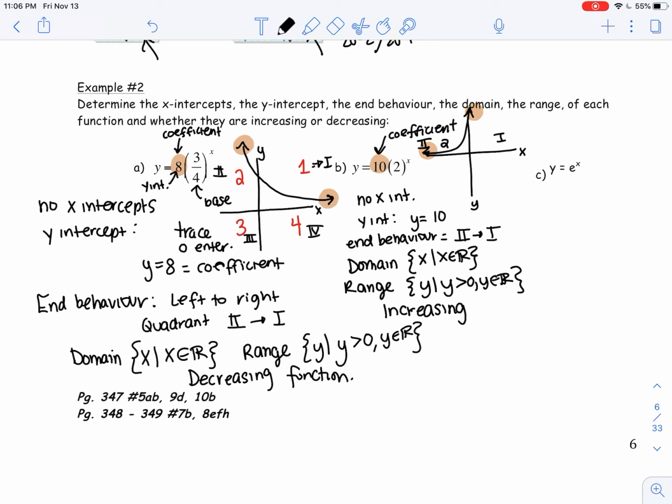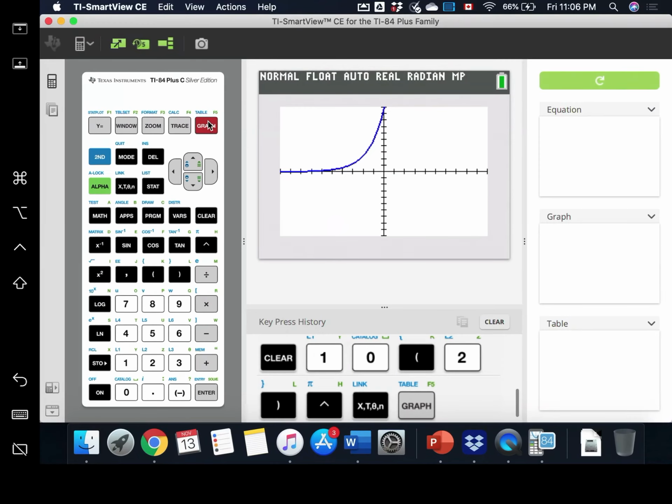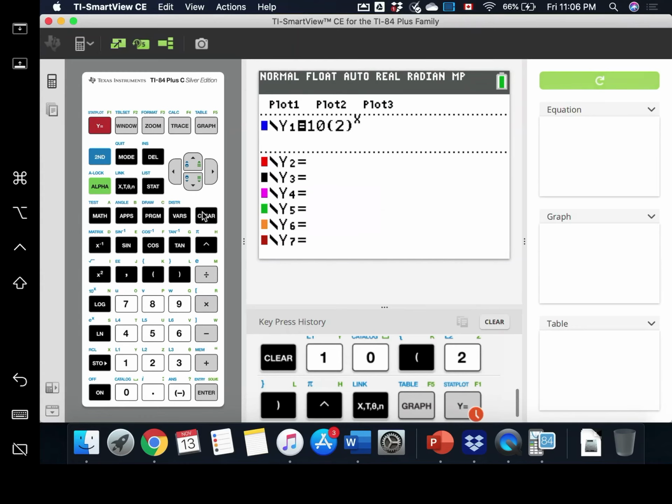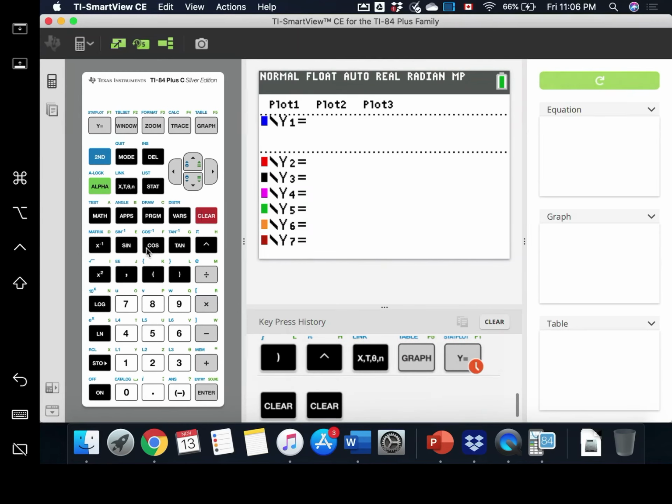So we're going to graph our last one, y equals e to the power of x, and then we'll see what it looks like. Okay, so what you want to do is go to y equals e to the power of x. I'm going to show you where that e button is. If you look, it's right above this ln button. Directly above it in blue, you should see e to the power of x.